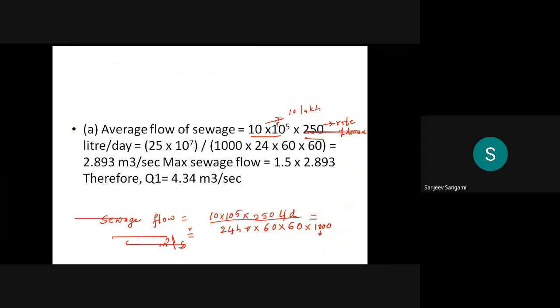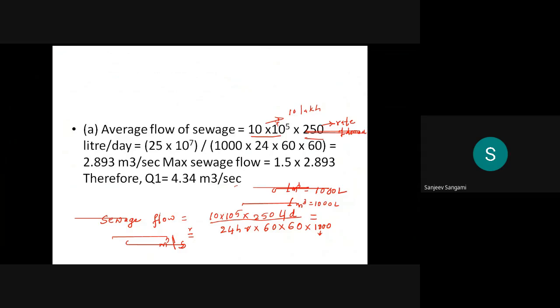Because 1 meter cube is equal to 1000 liters.